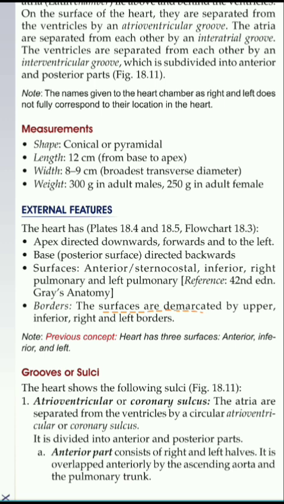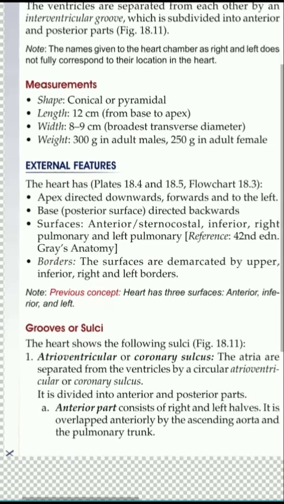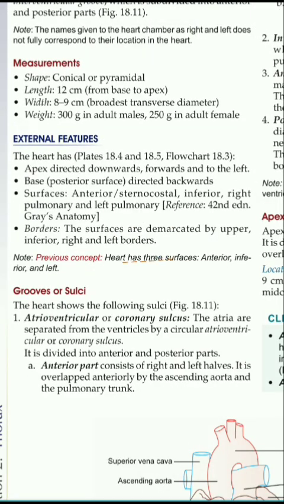The surfaces are demarcated by superior, inferior, right and left borders of the heart. In the previous concept the heart had three surfaces: anterior, inferior and left, and in the latest concept there are four surfaces: anterior sternocostal, inferior, right pulmonary, and left pulmonary.